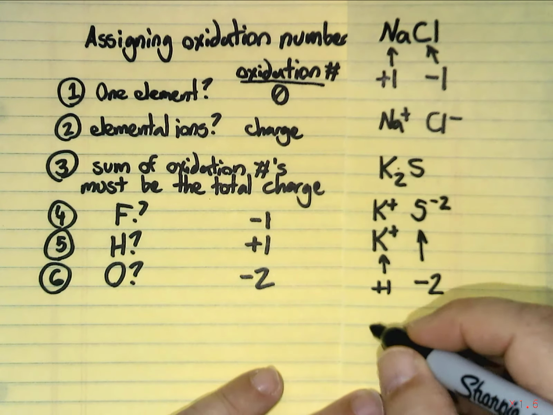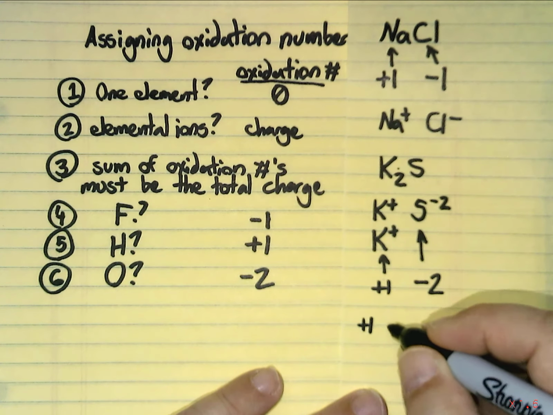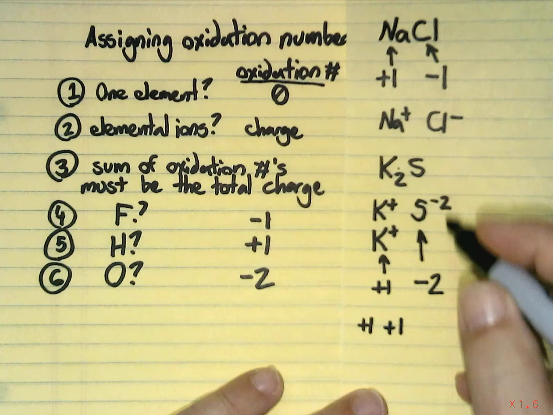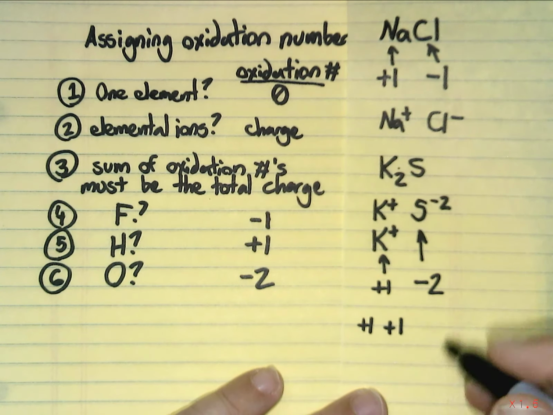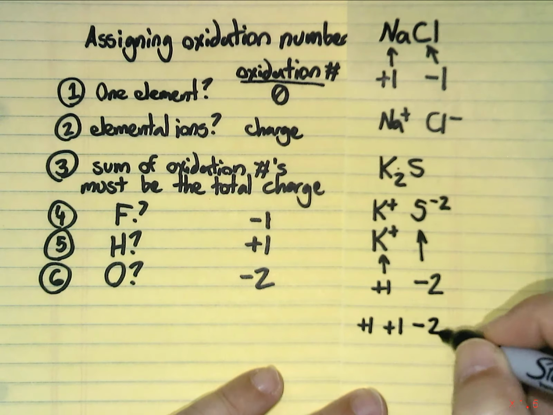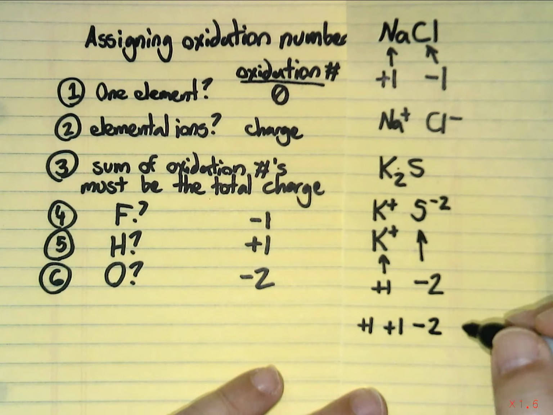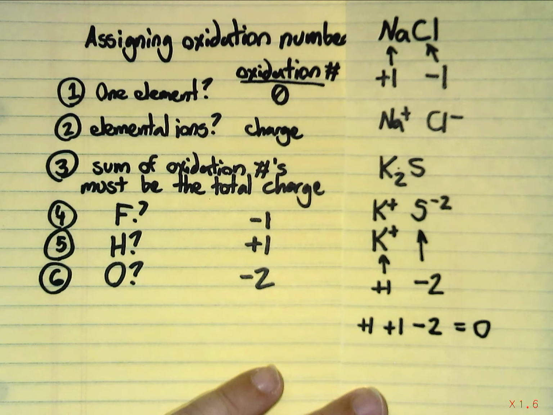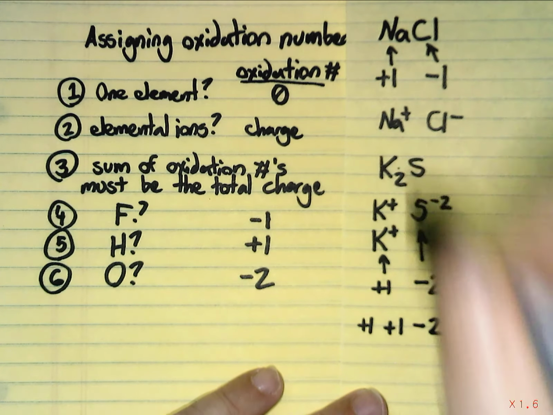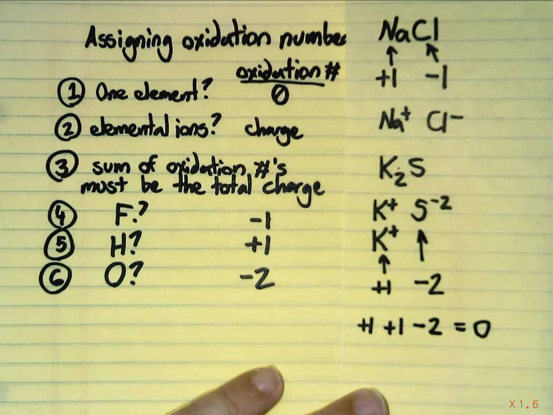So I have 2 potassiums, that's a +1 and a +1, and then I have a sulfur, and that's got an oxidation number of -2. If I add these all up, they all add up to 0. So I can be a little more confident that I assigned all the oxidation numbers correctly by seeing whether or not they all add up to the total charge on the formula that I was given.